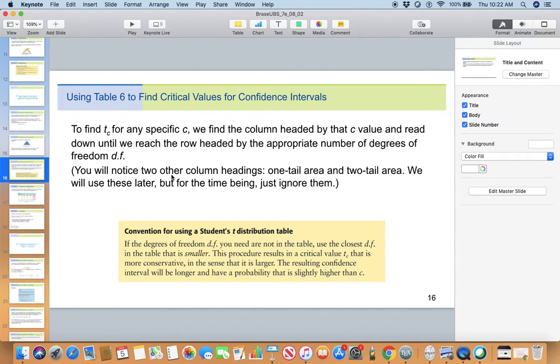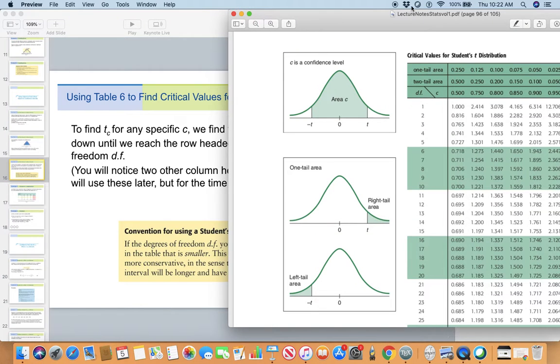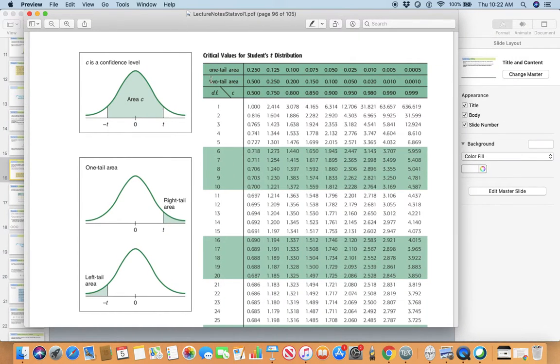You will notice two other column headings, one tail area and two tail area. We'll use these later, but for the time being, just ignore them. We are simply looking at C and we are looking at DF.